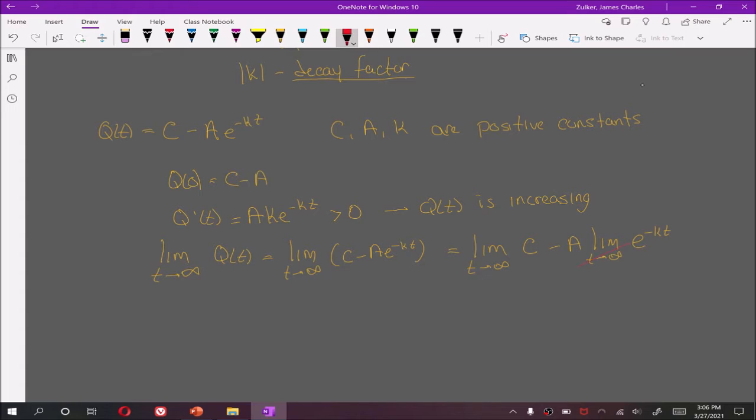However, this limit will go to 0. So what we're actually left with is c. This says that this growth is going to start out rapidly, but it will begin to slow down, right?